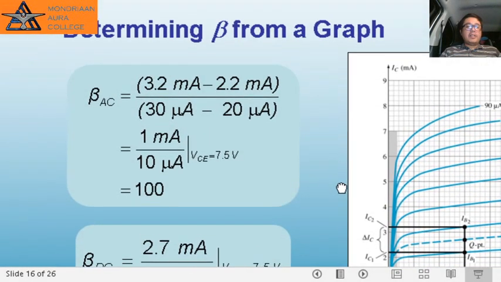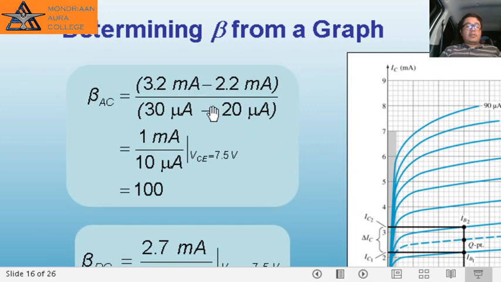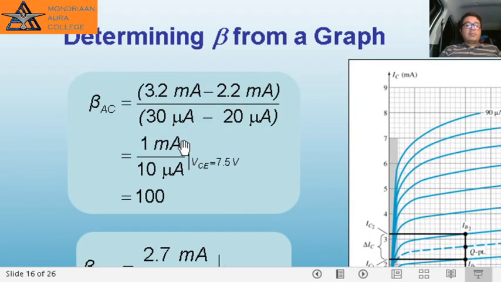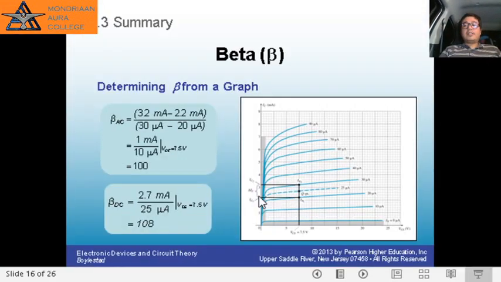And then, balik tayo dito sa ating equation. 1 milliampere divided by 10 microamperes at VCE equals 7.5 volts. This is 7.5 volts. This is your Q point. This is the actual voltage ng ating collector and emitter terminals. 1 milliampere divided by 10 microamperes is equal to 100. Yun yung current gain natin for AC.